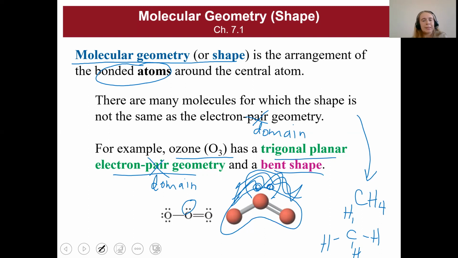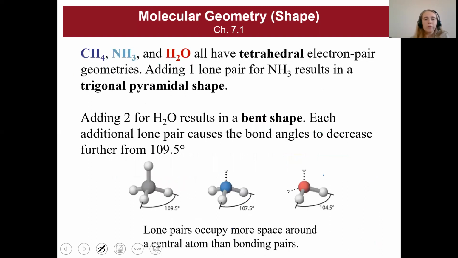So it's a bent shape. Alrighty. So what other examples do we have here? So like I said, CH4 is a tetrahedral geometry. It's got a tetrahedral electron domain geometry and a tetrahedral molecular geometry. It's the same. So those are 109.5 degree angles in our tetrahedron.